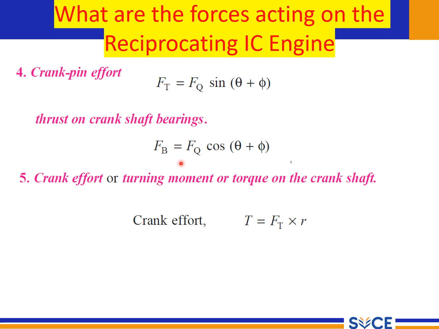Then FB, the thrust acting on the crankshaft bearing. At last, we calculate torque or crank effort. Using torque, we can calculate how much power is generated by the given IC engine. The next problem we will do next, so with that we will finish this video lecture. In the next video lecture, we will do some other practical problems.